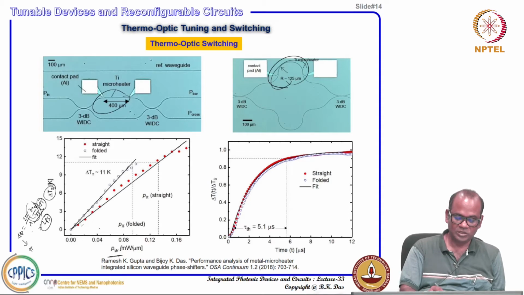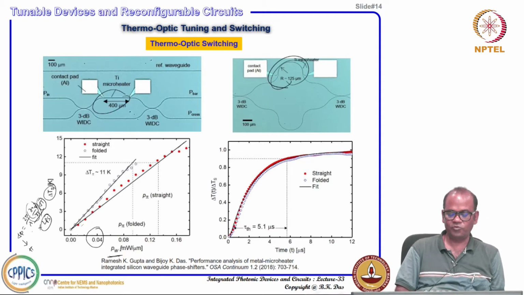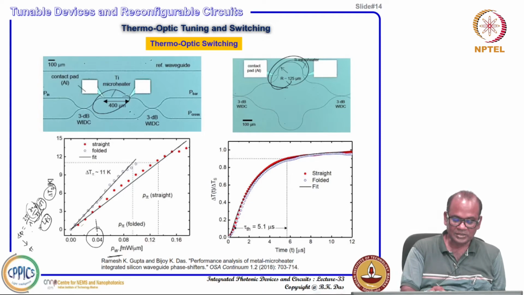For example, if you use 0.04 milliwatt per micrometer, the temperature rise in the straight waveguide structure is lower, but in the folded one the temperature rise will be higher. Same power, same length of the microheater.